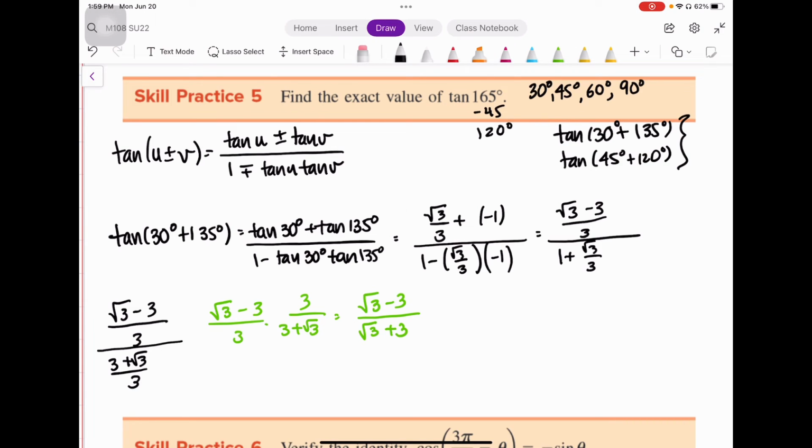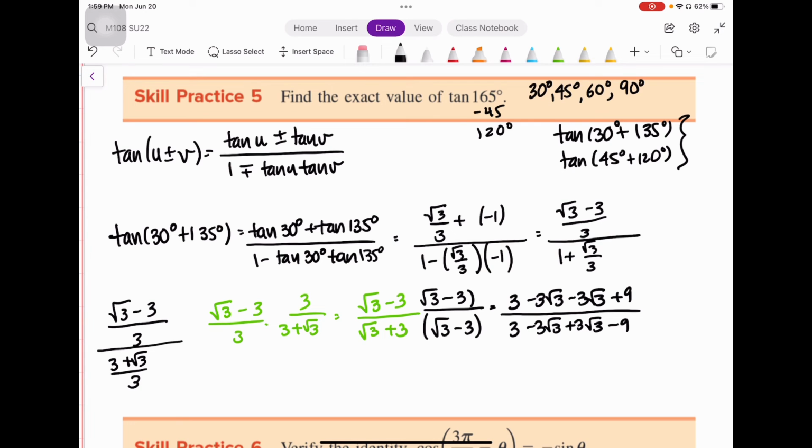And I am going to rationalize my denominator by multiplying by the conjugate. In the numerator, root 3 times root 3 is 3, minus 3 root 3, minus 3 root 3, plus 9. In the denominator, root 3 times root 3 is 3, minus 3 root 3, plus 3 root 3, minus 9.